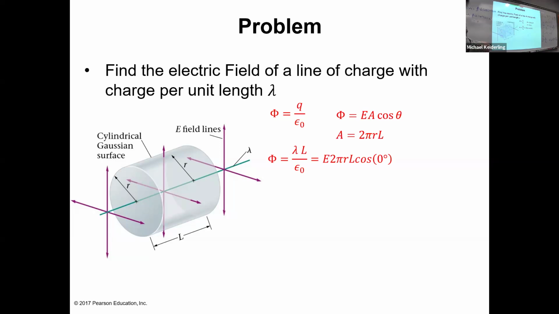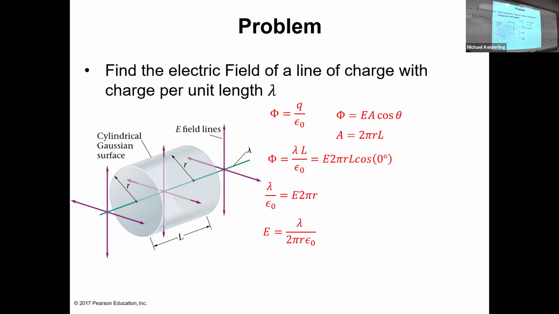So lambda times the length over epsilon naught equals electric field times 2 pi r length times the cosine of 0 degrees. Length cancels here. So lambda over epsilon naught equals electric field times 2 pi r, because cosine of 0 degrees is 1. So the electric field is lambda over 2 pi r epsilon naught.